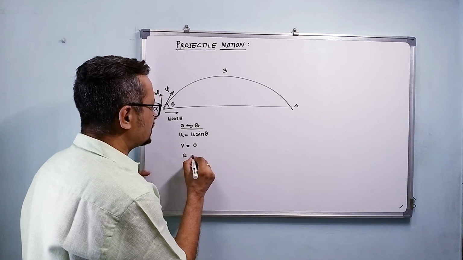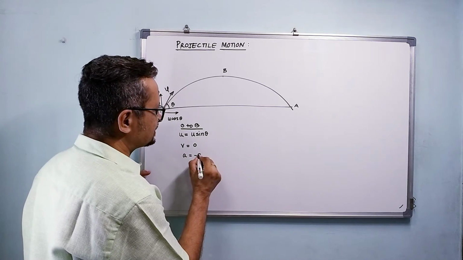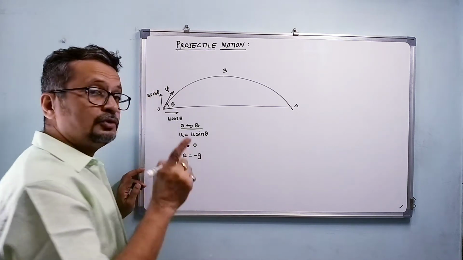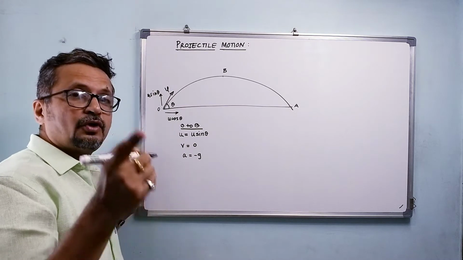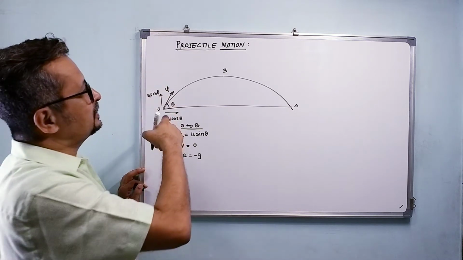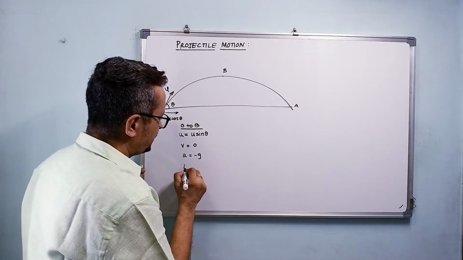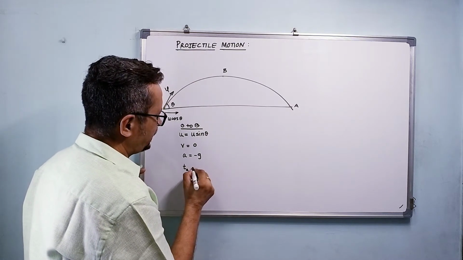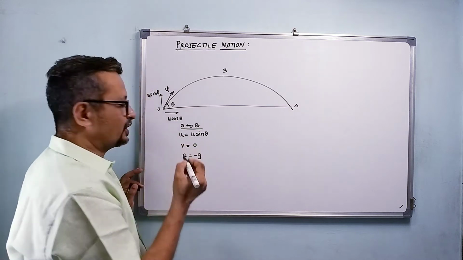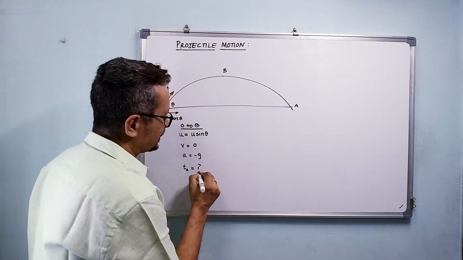Acceleration is obviously acceleration due to gravity, which is minus g here. And I want to find the time taken for ascent, time taken for reaching position B there. Correct. So T, I'll call T A, T ascent, that is equal to question mark.